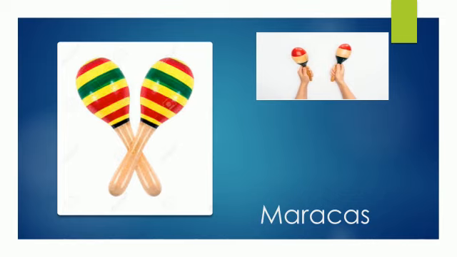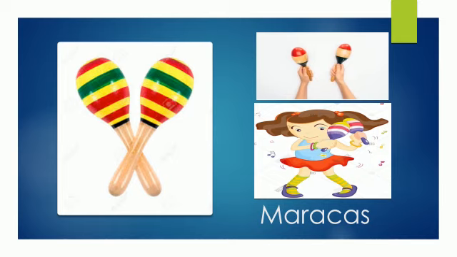Do you know how we can play maracas? Let me tell you. We can play it by shaking it. Dear students, now think, what type of sound does it produce when we shake it? Okay, let's hear the sound of maracas with me.